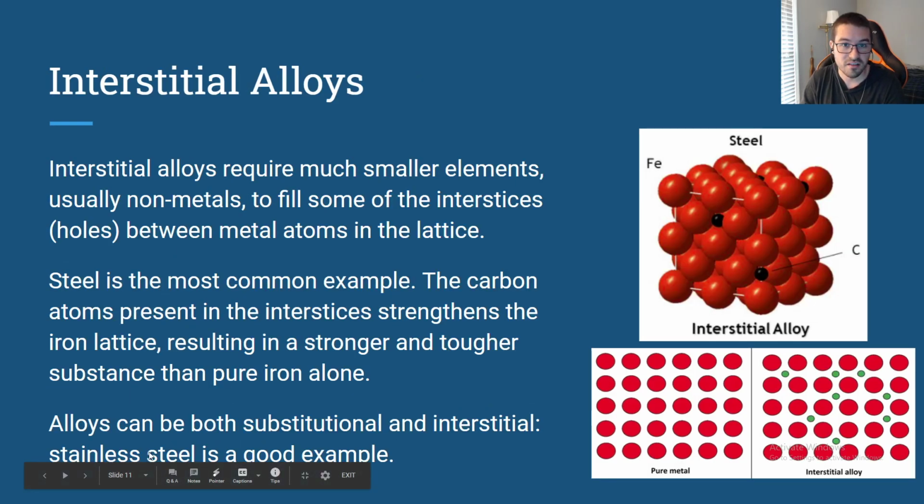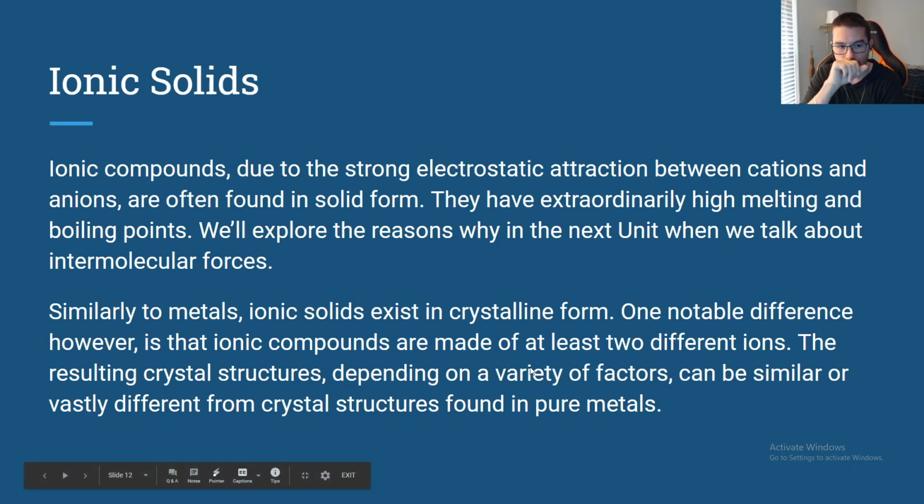Stainless steel is an example of a both substitutional and interstitial alloy, with the base metal being iron, some carbon in there interstitially, and then things like nickel and chromium that are substitutional components of the alloy.